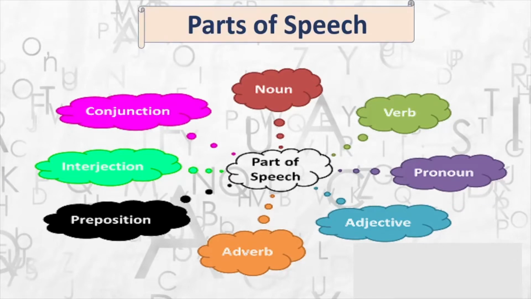So we have noun, verb, pronoun, adjective, preposition, interjection, conjunction, and adverb. So today we will be learning more about the adverb. When we see what an adverb is, we will also be looking at the various types of adverbs.